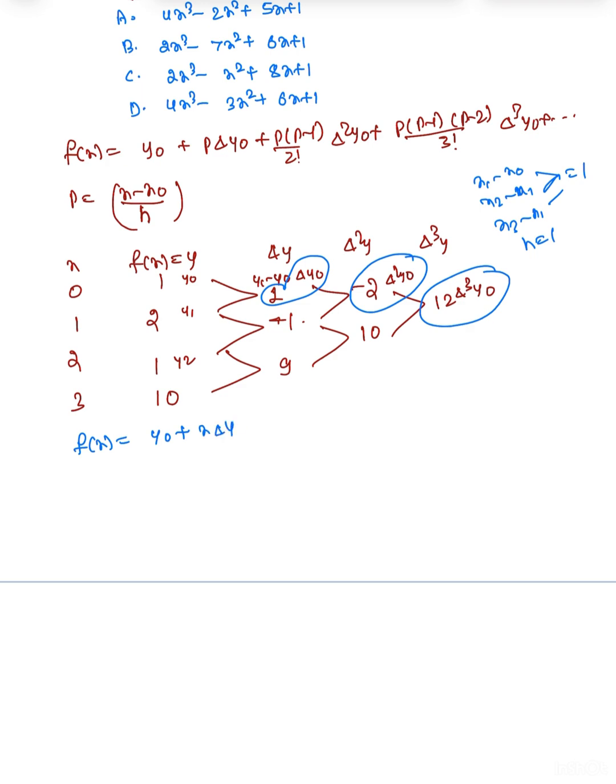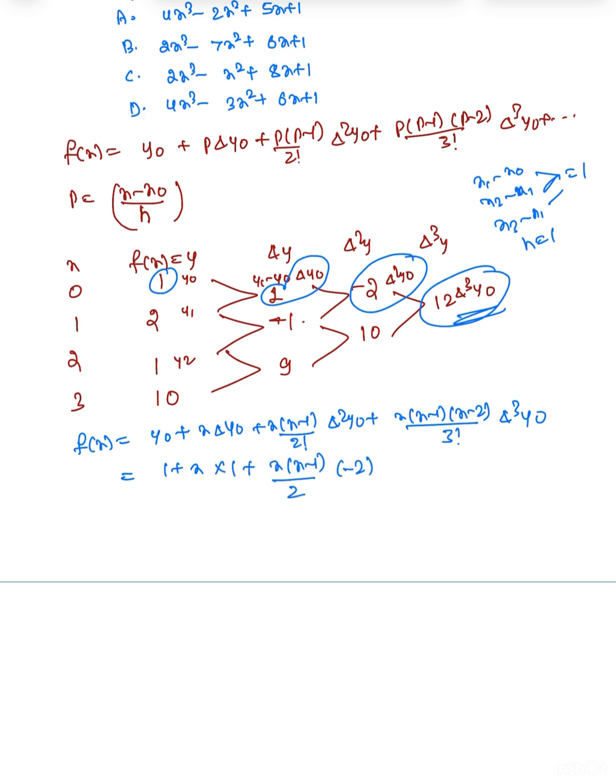So f of x is y naught plus x delta y naught plus x into x minus 1 by 2 factorial into delta square of y naught plus x into x minus 1, x minus 2 by 3 factorial into delta cube of y naught, because we have up to third differences. Now substituting the values, y naught is 1, plus delta of y naught is 1 times x, plus x into x minus 1 by 2 factorial, which is 2, times delta square, which is minus 2, plus x into x minus 1, x minus 2 divided by 3 factorial into delta cube, which is 12.